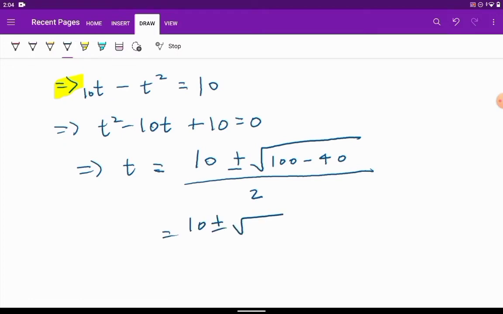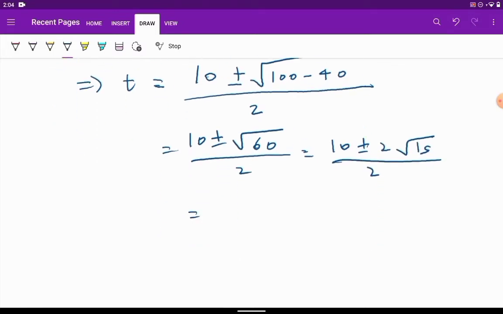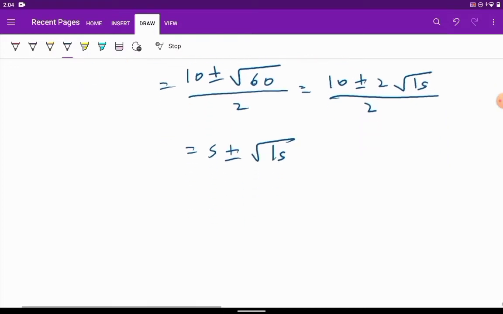10 plus minus root over 60 by 2. So we can take out 2, 15 becomes 5 plus minus root 15. So what are the times then? One is t equal to 5 plus root 15, which is approximately 9 seconds.